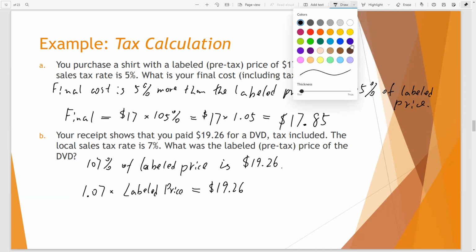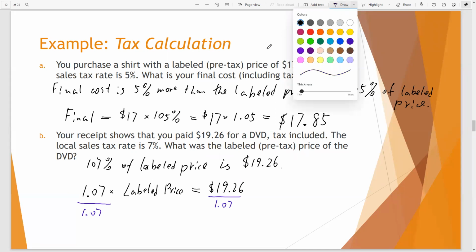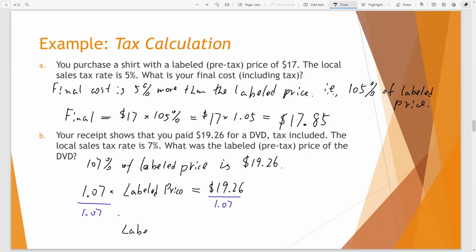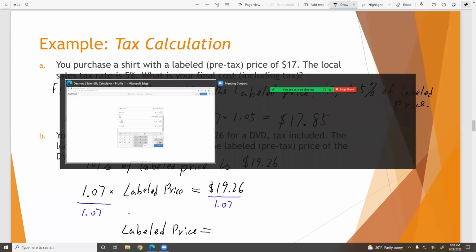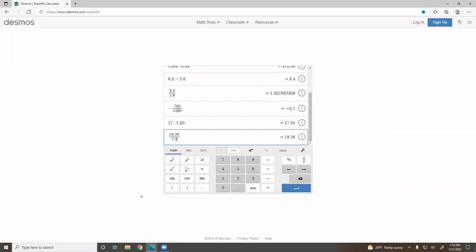So what we could do is divide by 1.07 on each side of the equation, right? We have an equation here. Basic algebra. To find the unknown, we could do some operation. In other words, the labeled price will be the quotient of $19.26 and 1.07.